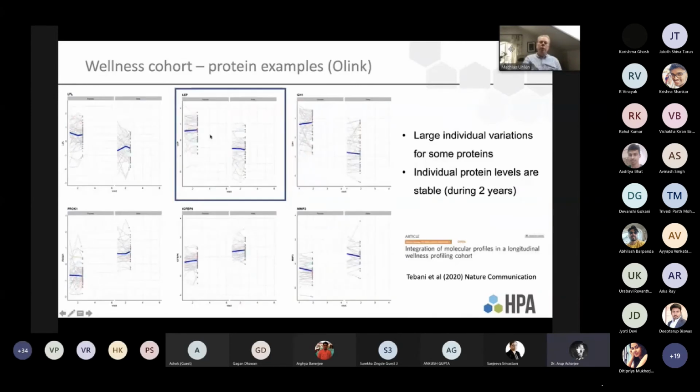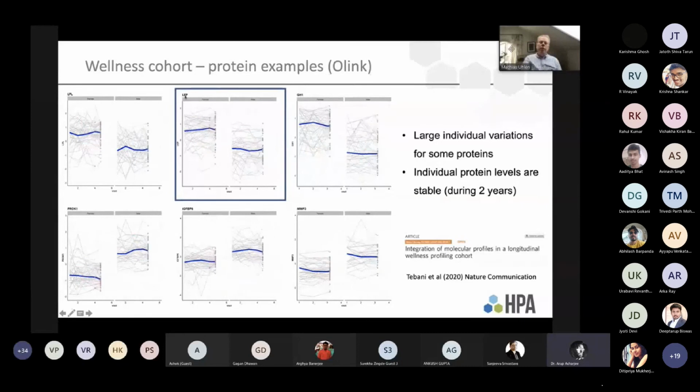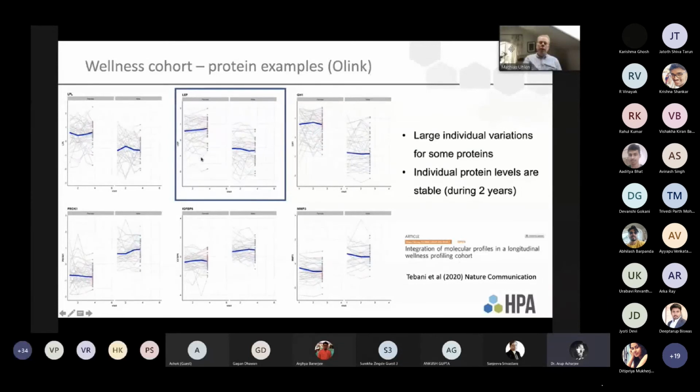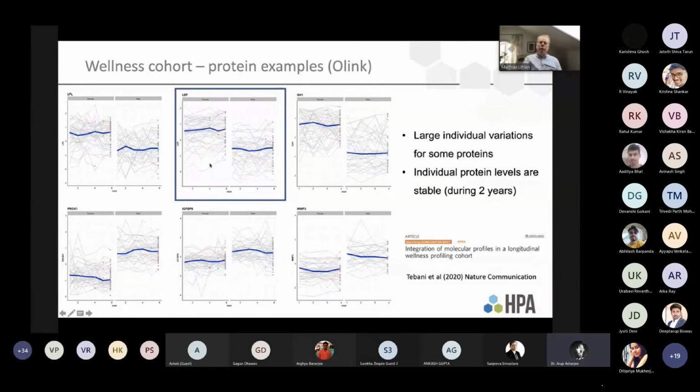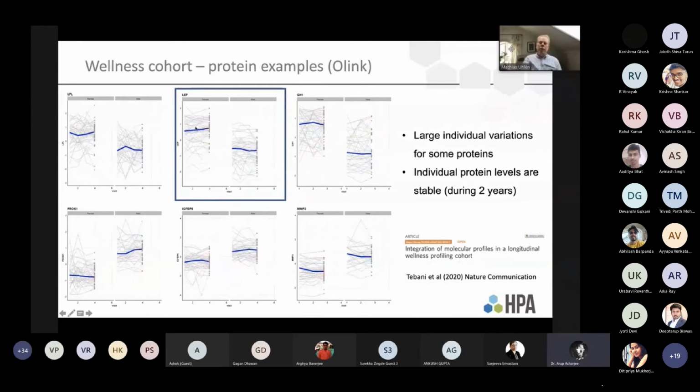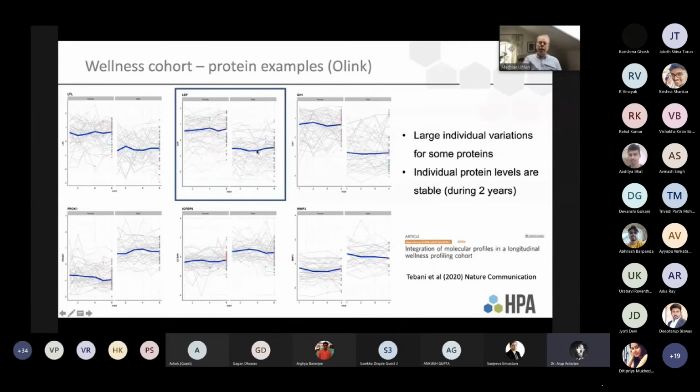So what you can then do is look at the protein levels. In the middle here, you see the famous leptin protein in the human plasma. And here you can see in gray the individuals, the concentration in the blood of individuals. The average for females is here in blue, and the male here.